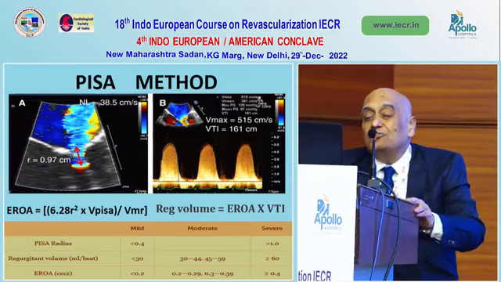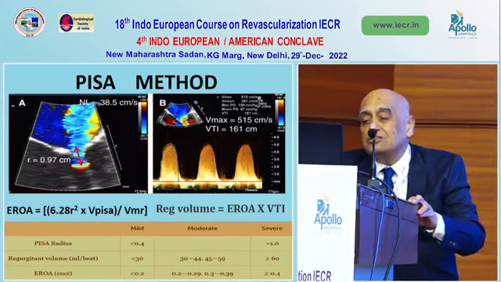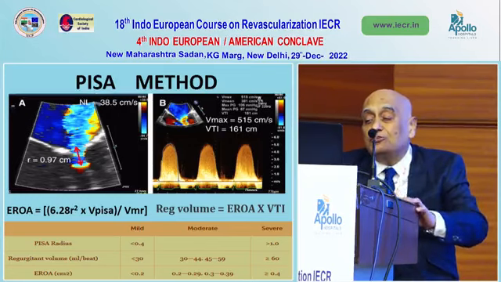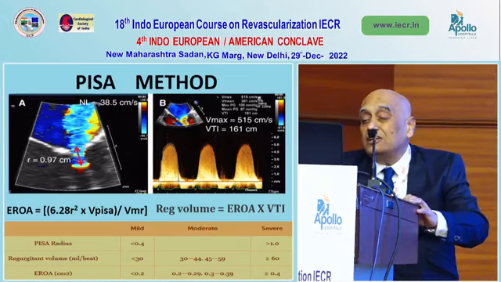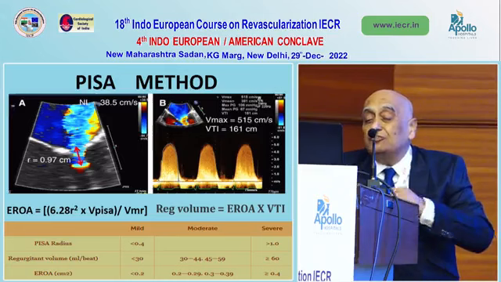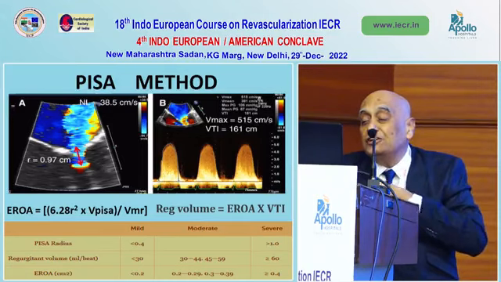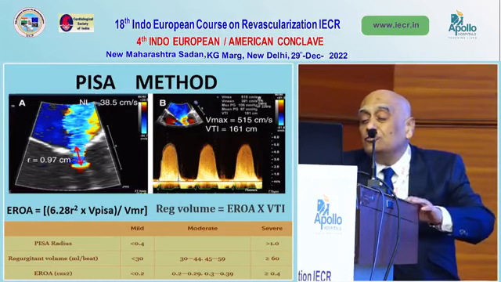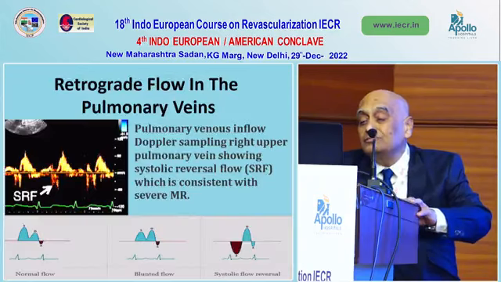You take the radius of the flow acceleration, 0.97 centimeters, and the mitral regurgitation Doppler spectral trace above the baseline, and use the formula 6.28 R squared times the first aliasing velocity of the PISA, divided by the peak velocity of the MR jet. That gives you the effective regurgitant orifice area, and multiplying it by the VTI gives you the regurgitant volume.